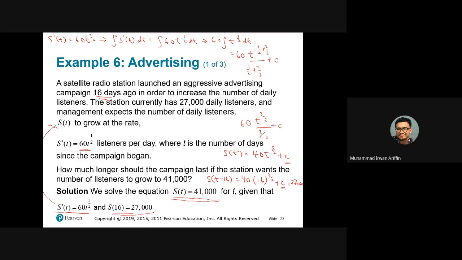Now surely we can solve for c. Use your calculator, and you should see that our c equals 24,440.